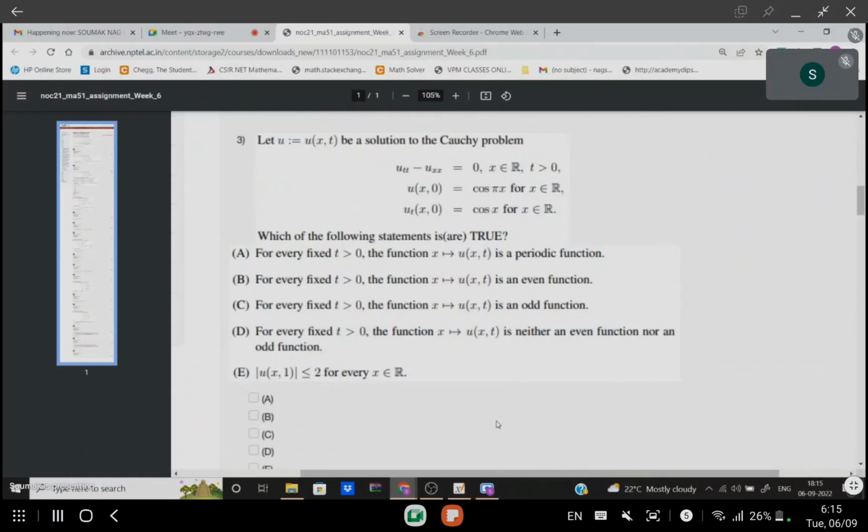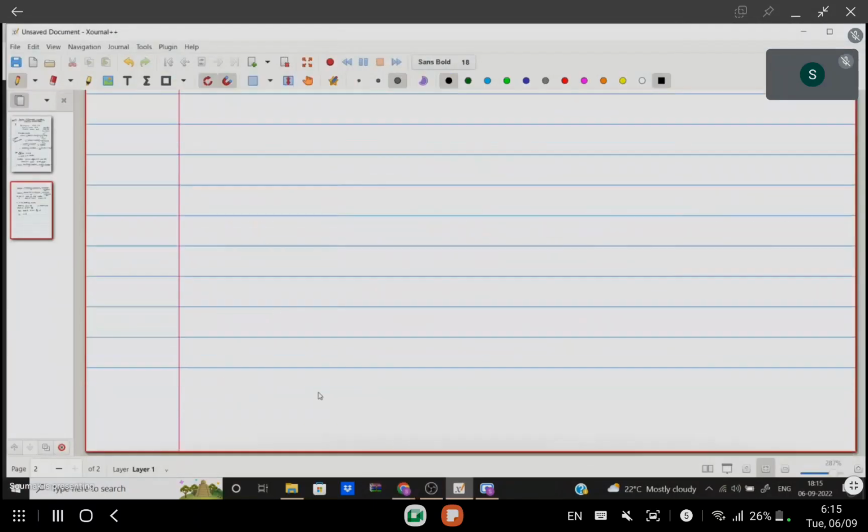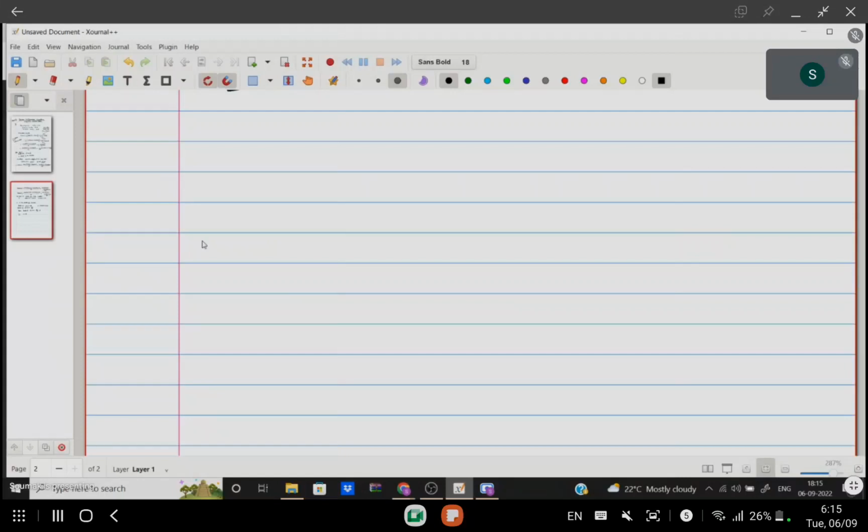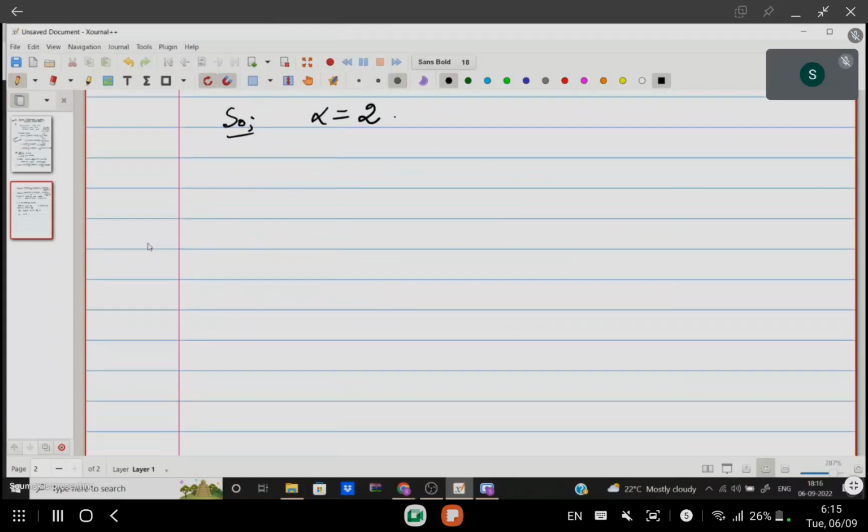Okay. So let me first check whether option A is true or not. So let me write the question first, then I will discuss. So question number 3. Here the Cauchy problem is given by u_tt minus u_xx equal to 0, where x is in R and t is positive.